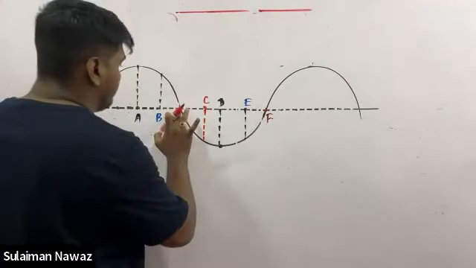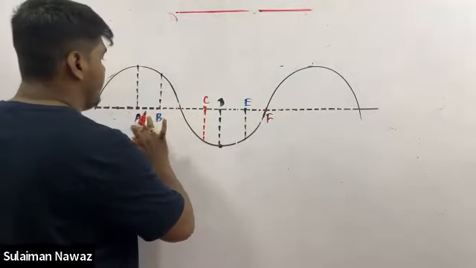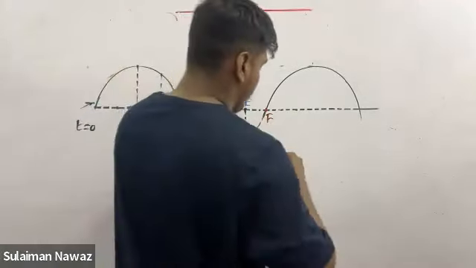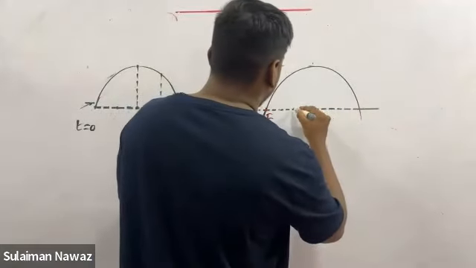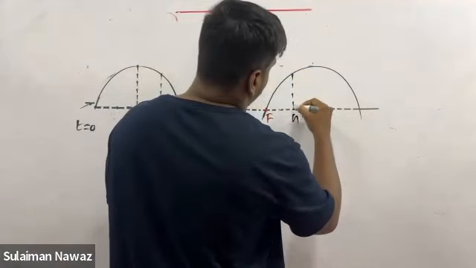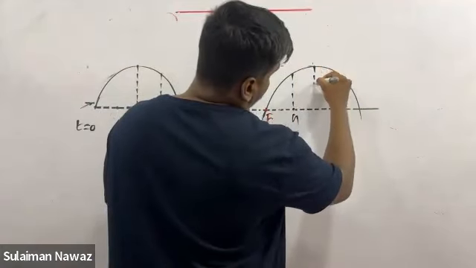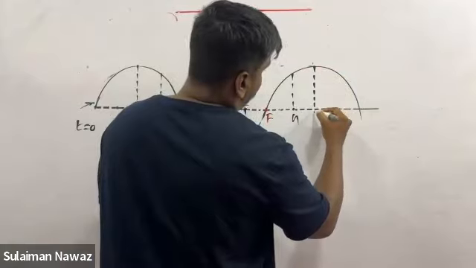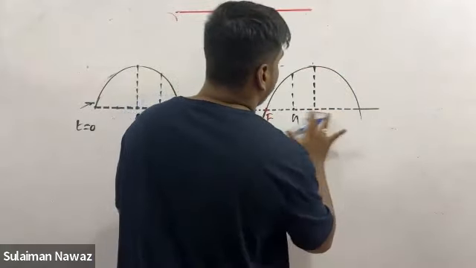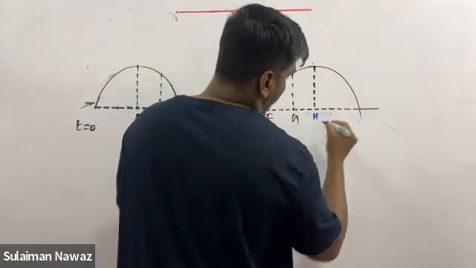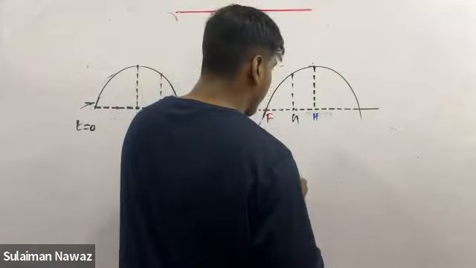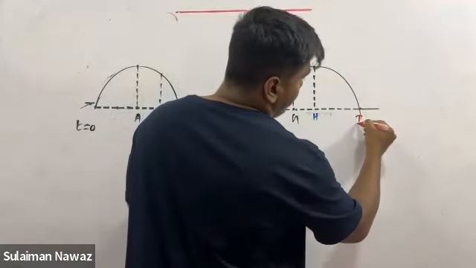So I will mark this particle. Look here now: A, B, C, D, E, F. Right. This particle is capital G. This particle is capital H. So I say this particle is capital I particle.